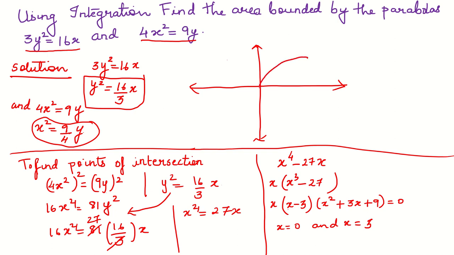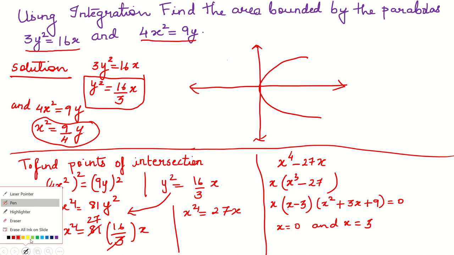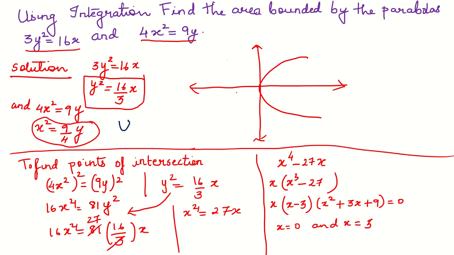So this is like this, and x square is equal to something y is like this, and positive, so it is upward. Now you have to find the area bounded by these parabolas, that means inside these curves.